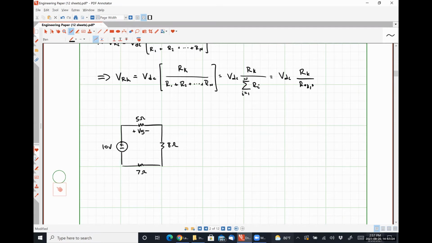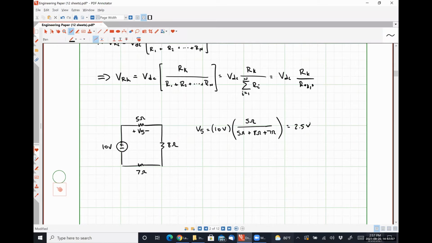Applying voltage division, I can say that V5 is 10 volts times 5 ohms over 5 ohms plus 8 ohms plus 7 ohms, which is going to be 0.5 volts. At no point whatsoever did I have to bother myself with calculating the current.